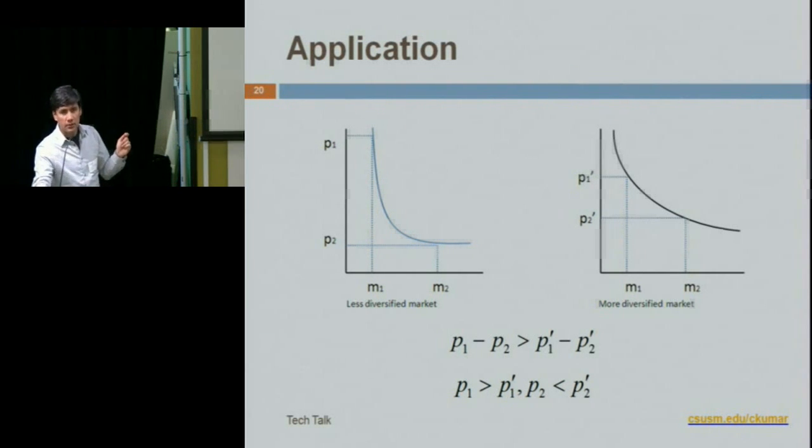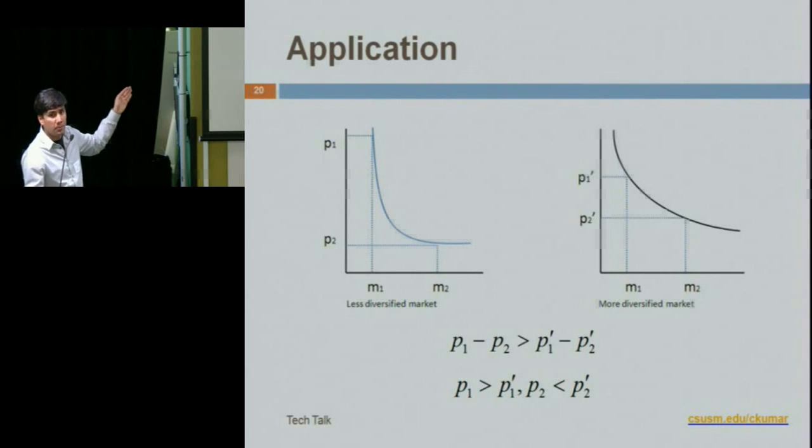The second case is for the same object being advertised in these two different markets. For the more demanded object M1, the price that you see in the less diversified market should be P1. The corresponding price in the more diversified market should be P1 dashed. It is no surprise that P1 is greater than P1 dashed, because obviously you tend to have more requests for M1 in the less diversified, more concentrated market.